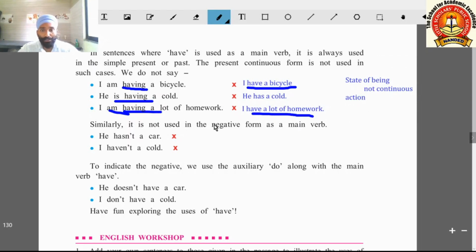Similarly, have is not used in the negative form as a main verb. So you can see here, I eat fruits. This sentence is in the simple present tense. If you want to make it negative, you use don't. I don't eat fruits.